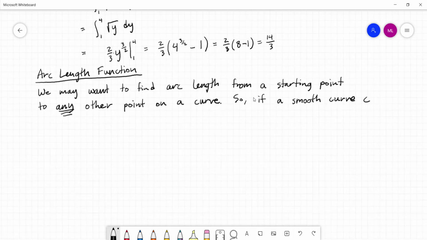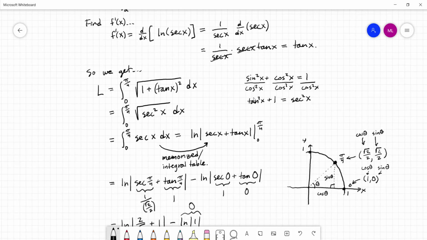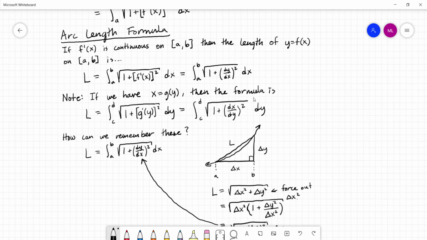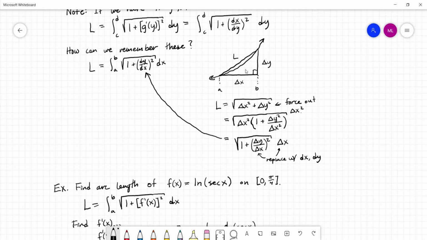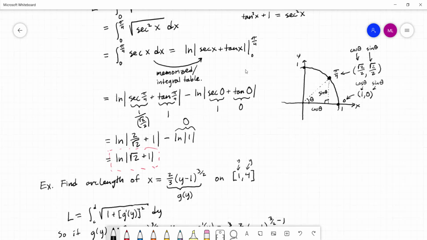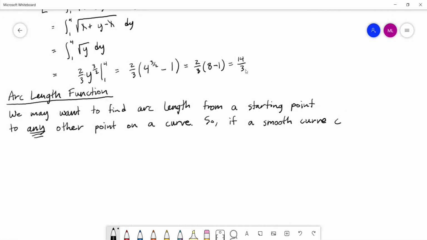And that is exactly why, way back up here, we had this particular definition right here. If f prime of x is continuous, that's what guarantees that the original curve f of x is a smooth curve. So just coming back to this, if f prime of x is continuous, that's the exact same thing as saying that the curve itself is smooth.